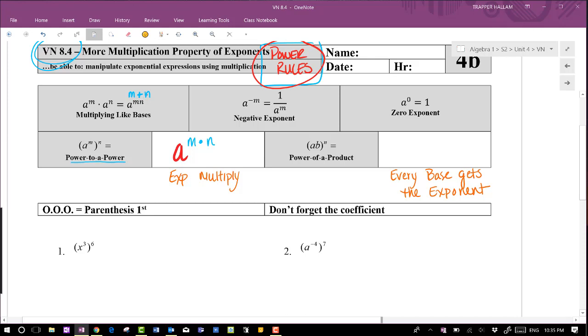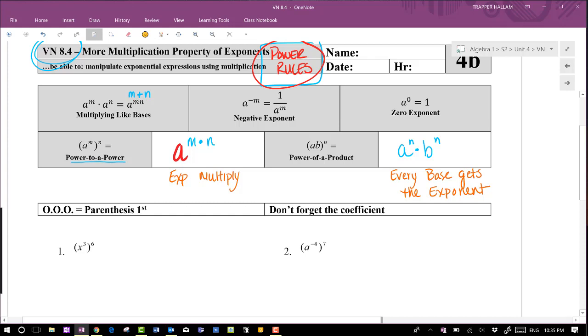Okay. If that same property, we take it and kind of employ the reverse of it, that would be similar to what we're seeing here. Each base inside, or what we call a power of a product, each base inside will be raised to that power that's on the outside of the parentheses. So both bases, again under multiplication, will be raised to that power of n.